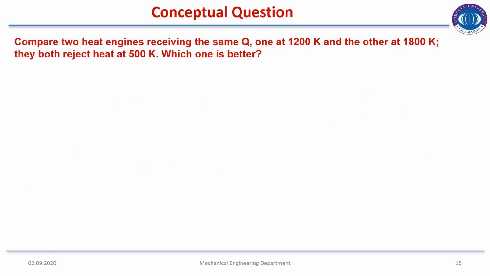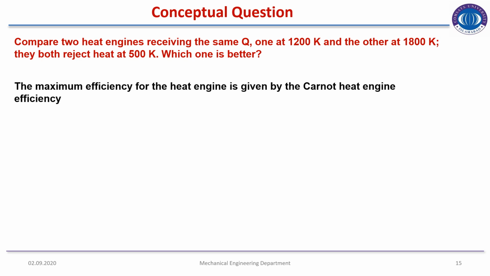Compare two heat engines receiving the same Q, one at 1200 Kelvin and the other at 1800 Kelvin. They both reject heat at 500 Kelvin. Which one is better? The maximum efficiency for a heat engine is given by the Carnot heat engine efficiency, that is, thermal efficiency is equal to W dot divided by Q dot H, which is equal to 1 minus TL over TH.